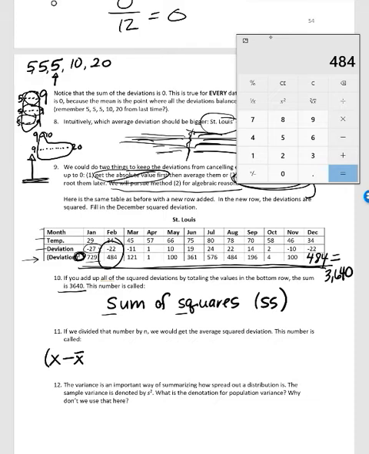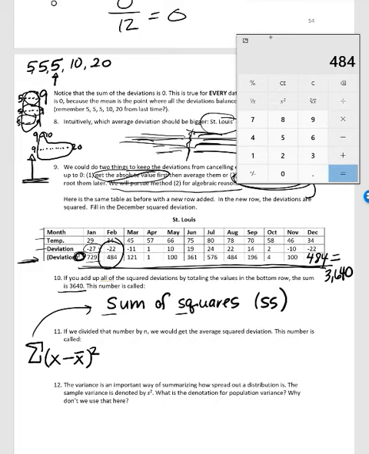So to get around that, I'm going to square all my deviations so that they become positive. Great. Then, once I have all of my squared deviations, I am going to add them all up. I'm going to sum the squared deviations. So this part of that equation is the sum of squares.